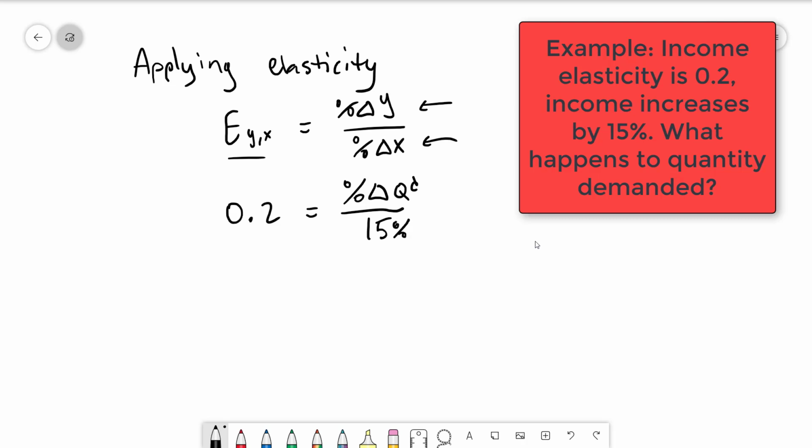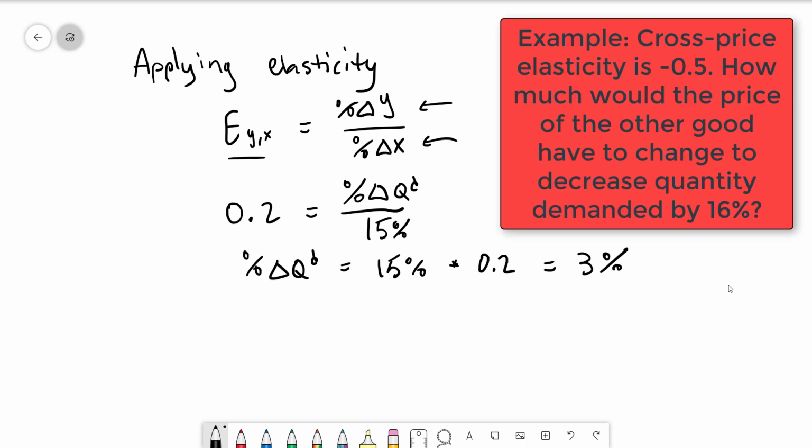To figure out the percent change in quantity demanded, we just multiply both sides by 15%. That's going to give us the percent change in the quantity demanded is 15% times 0.2, which is 3%. This tells us that a 15% increase in income will increase the quantity demanded by 3%.